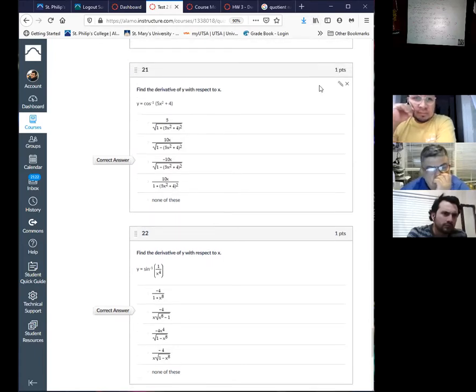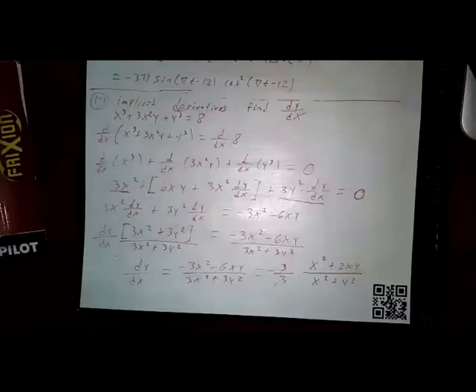You have to have the formulas handy for inverse trig. Let me find the formula sheet. Here we go.